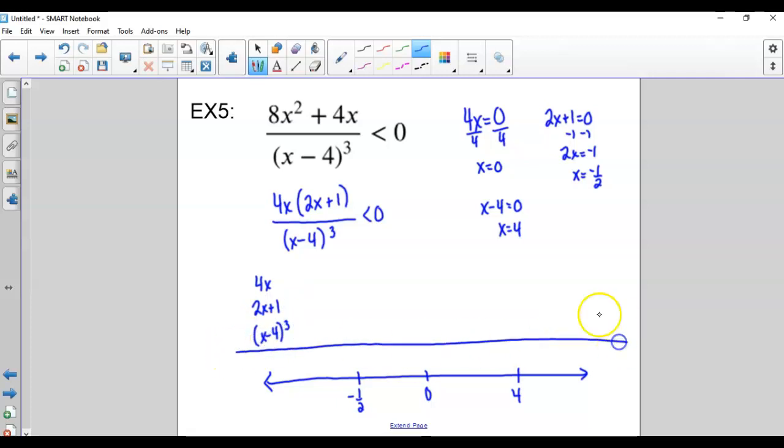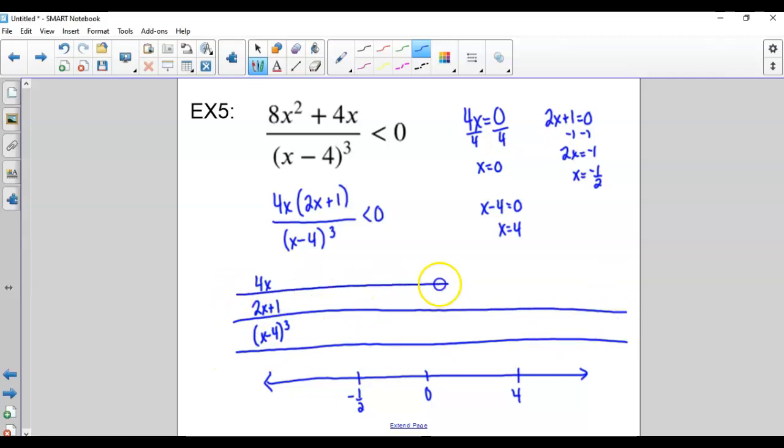And then, so I don't have to write as much, I'm just going to put answer here, but of course I mean this entire expression. Now, when you raise something to the third power, it's not automatically positive, so you do have to think about that one there. If you had a square right here, you wouldn't have to think. You could just go ahead and put positives in that section.